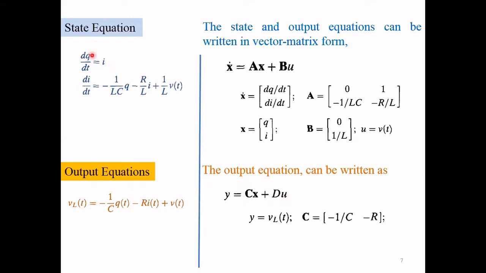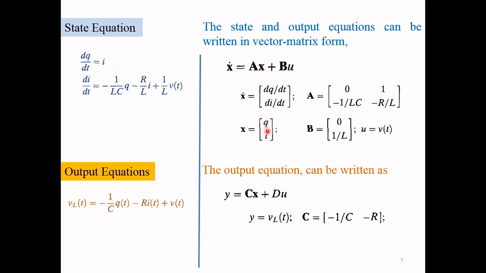So in this case, we want to convert the state equation into the state space representation. Because we have two first order derivatives, this x dot vector will have two terms here. The A will be a 2 cross 2 matrix because we have x equal to a vector of two state variables.